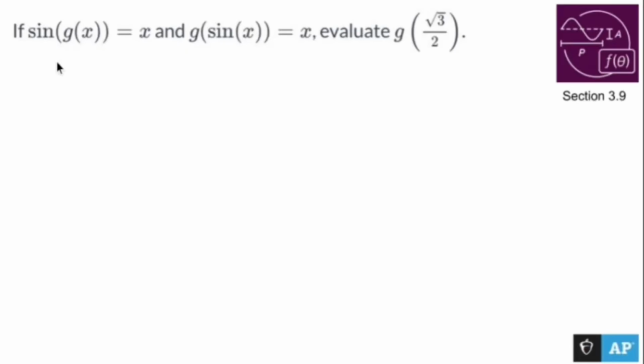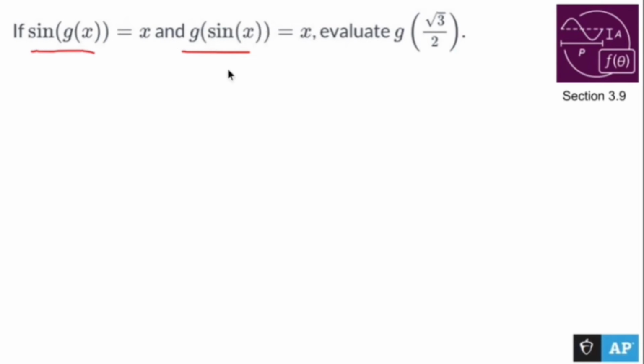If sine of g of x equals x and g of sine of x equals x, evaluate g of root 3 over 2. Now, this is 3.9, which is all about inverses. What this is saying is if sine of g of x and g of sine of x both equal x, that means these are inverses.